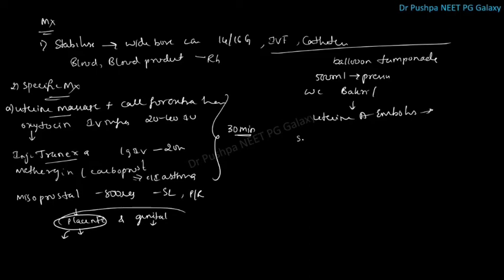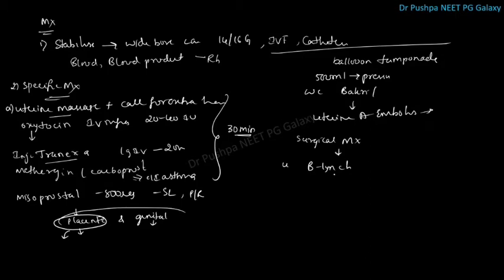Then we can go for surgical management. So we can put uterine compression sutures, that is B-Lynch sutures. We will put sutures on the uterus, anterior to posterior, then posterior to anterior, that is B-Lynch sutures.